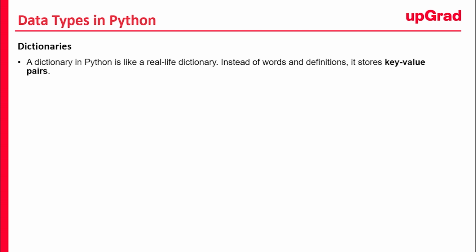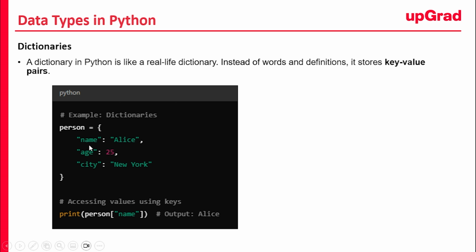So how we used to write Alice in name and 25 in age, in the numbers data type when we talked about it, similar to that, but this would be under something, right? Let me show you what I'm talking about. Alice is stored in name, 25 is stored in age, New York is stored in city, but the entire thing is under the variable name person.